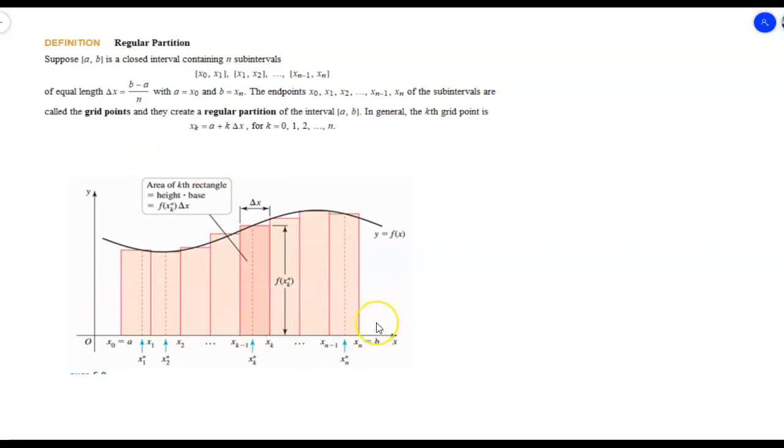Now the whole idea of calculus is to make these subintervals smaller and smaller and smaller.